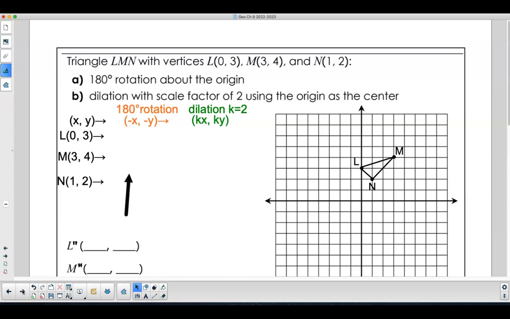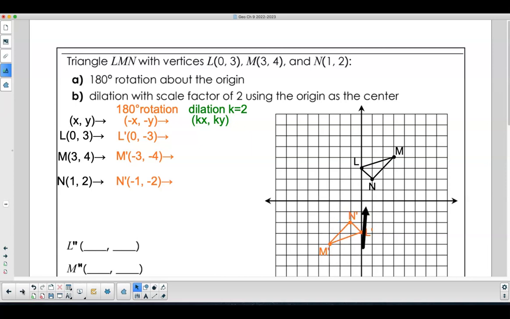When I rotate them, I take the opposite of my x's and the opposite of my y's. On my graph, the opposite of (0, 3) becomes (0, -3) down here. So this is my L prime. And this is my N prime, which is (-1, -2), and my M prime, (-3, -4).